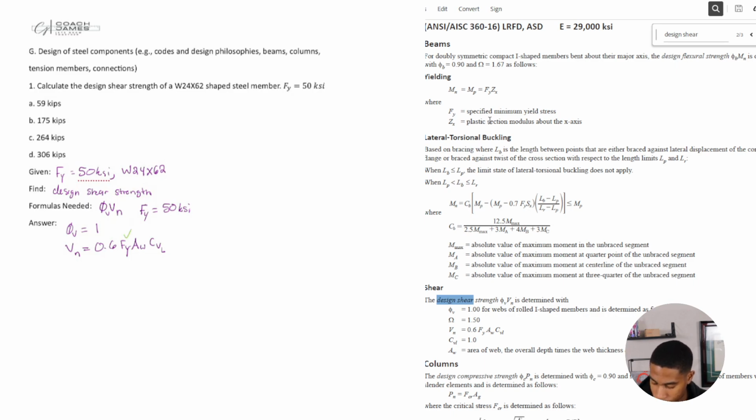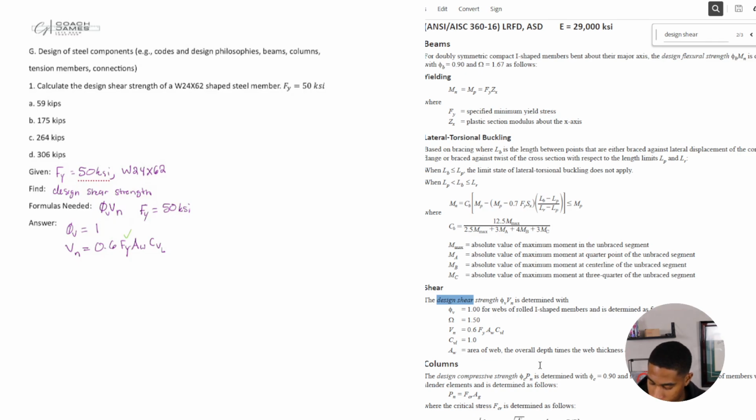What about Aw? Aw is the area of the web, the overall depth times the web thickness.